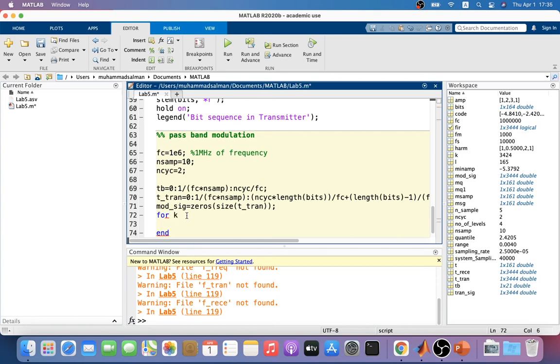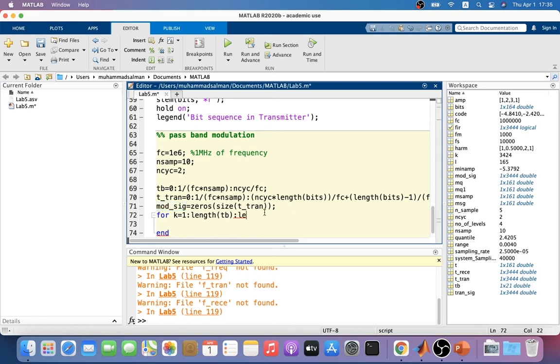For example, I will put a for loop here, and just not to forget, I will also put an end here, and now I will put everything in the for loop. So for example, I have a variable k starting from 1, and now look at here, I declared this one, right? So the length of every signal should be this much, right? And how far should I go? I should go up to the total transmission, so the total size of the signal.